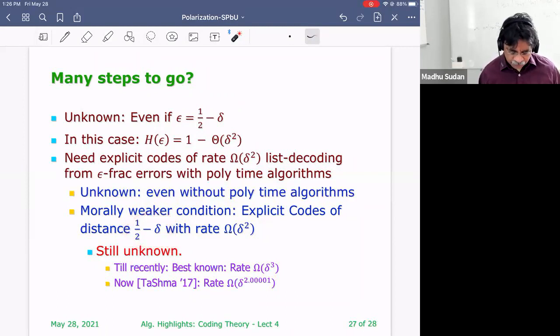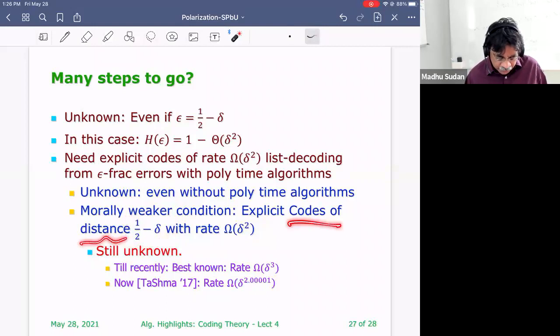I'm almost sure there are results which say that if you can get list decodable codes, then you can get codes of this distance with similar rate. But never mind the equivalence. Believe me that this should be conceptually an earlier step. Can you get codes whose distance is half minus delta, whose rate is omega of delta squared? Even this is unknown today.